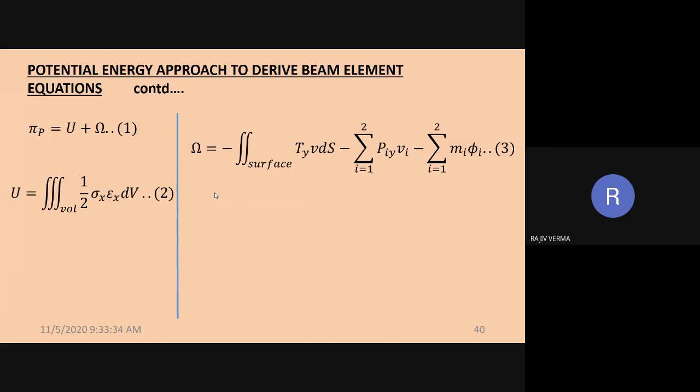And since there are 2 point loads and two moments, the value of i in both these evaluations varies from 1 to 2. This is because we have 2 point loads and two moments. So this gives us the external energy.